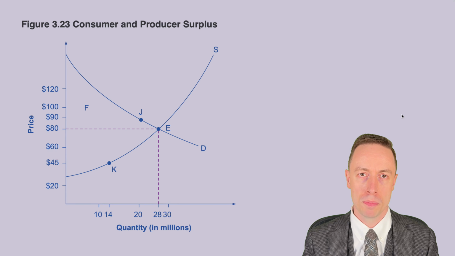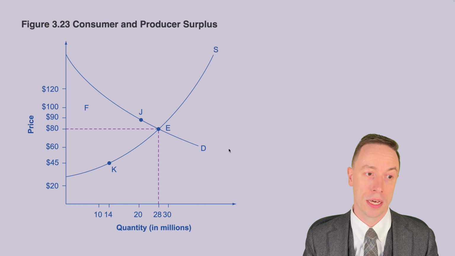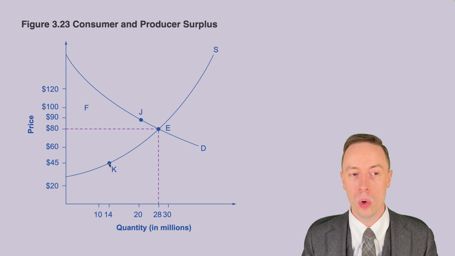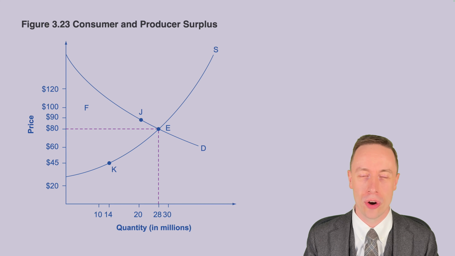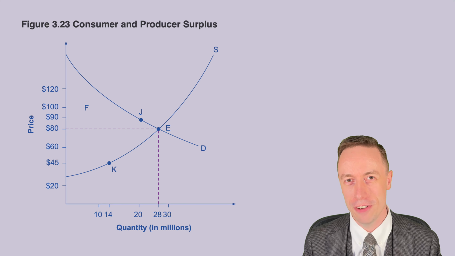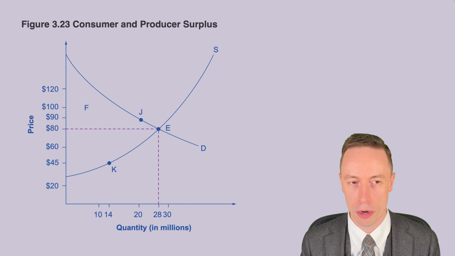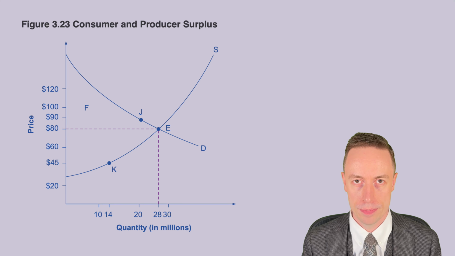Let's focus on the specific seller, seller K. They'd be willing to accept just $45 for the product. But they can actually sell it for $80. A very good deal for seller K. That means we would say seller K is earning $35 worth of producer surplus through the sale.